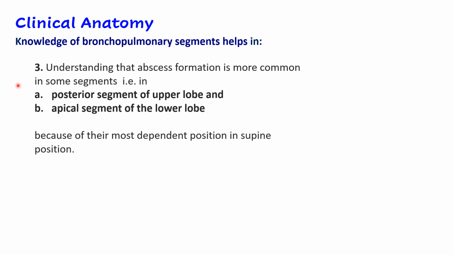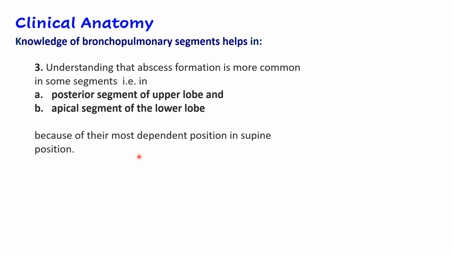Then it also helps in understanding that abscess formation is more common in some segments. There are some bronchopulmonary segments where abscess formation is more common, right? And which are these? These are the posterior segment of the upper lobe and the apical or superior segment of the lower lobe. Now, why is it so? Because they are in the most dependent position in the supine position, especially if the patient is lying supine most of the time, right?